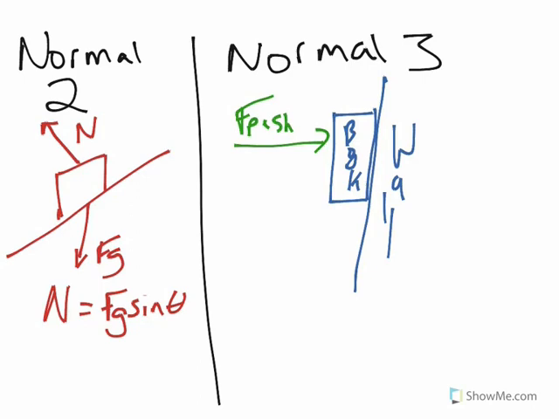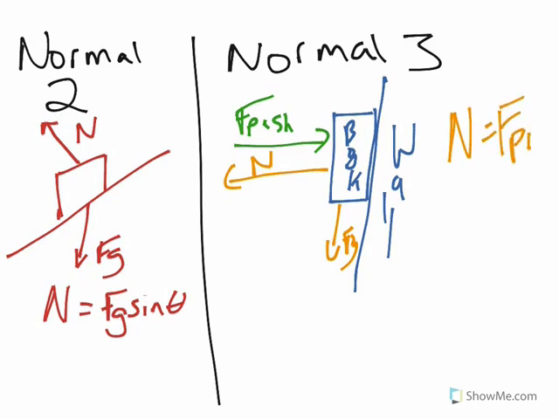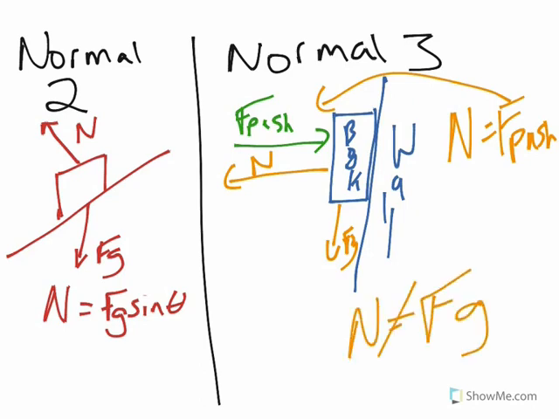Well, in this case, you have the force of gravity down, but notice that the normal force would have to be out from the surface of the wall. So if that book is not moving, the normal force is equal to the force that you're pushing, not the force of gravity. So in this situation, the normal force does not equal the force of gravity. Okay?